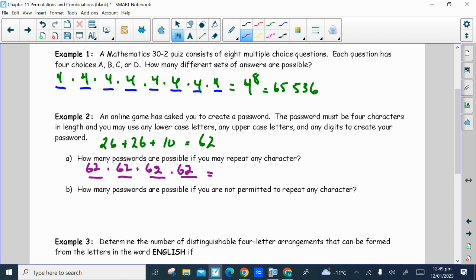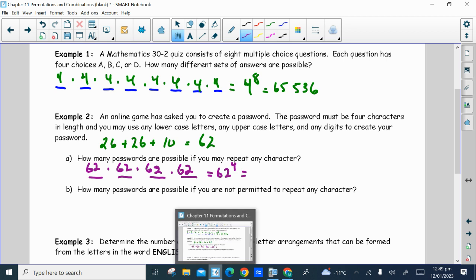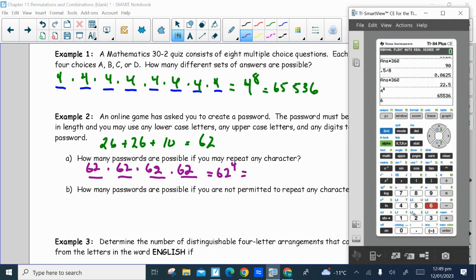So it's 62 multiplied by itself 4 times, or 62 to the power 4 would give us the answer. Big number. 14,776,336.